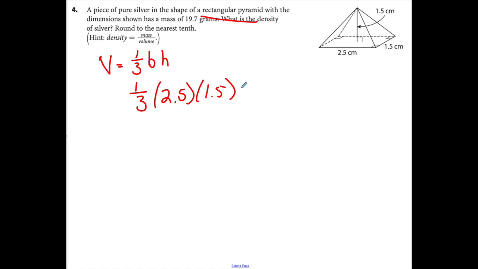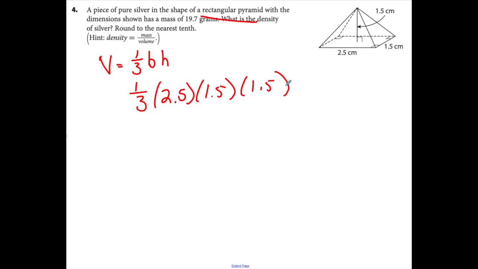And we need mass over volume. So we know that the volume is 1/3 times the area of the base times the height. Now the area of the base is 2.5 times 1.5, and then the height is 1.5.